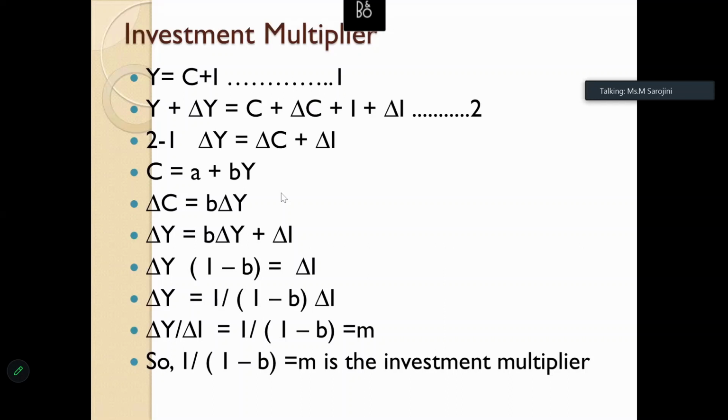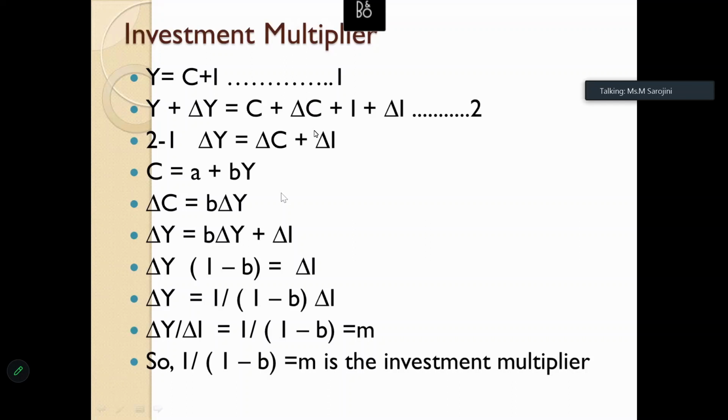Now we are going to subtract equation 1 from equation 2. Then we get delta Y is equal to delta C plus delta I. This is the balance once we subtract equation 1 from 2.